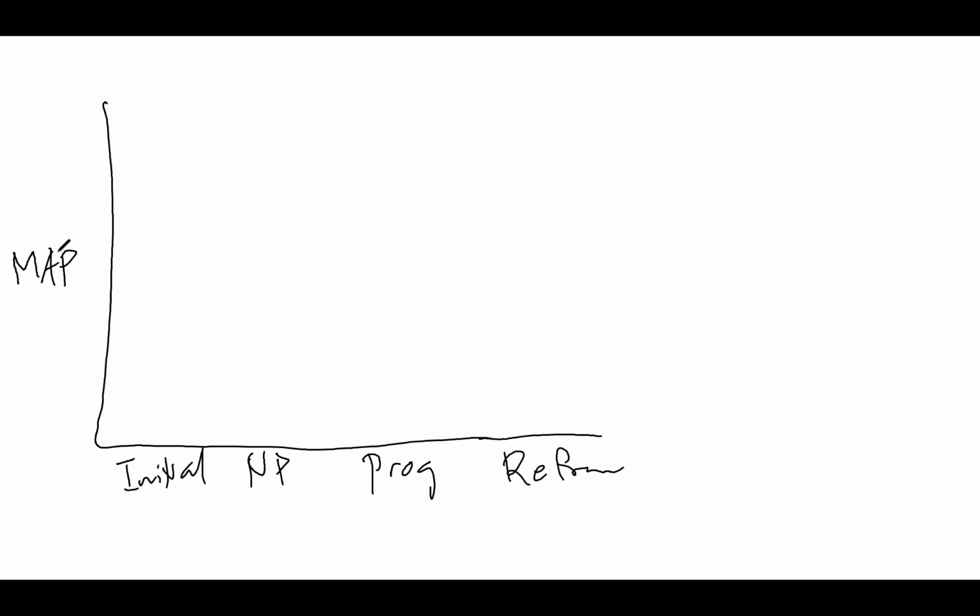So let's say this is your MAP right here. What will be the trend of your MAP as we go from initial to refractory stage of shock? It will decrease.